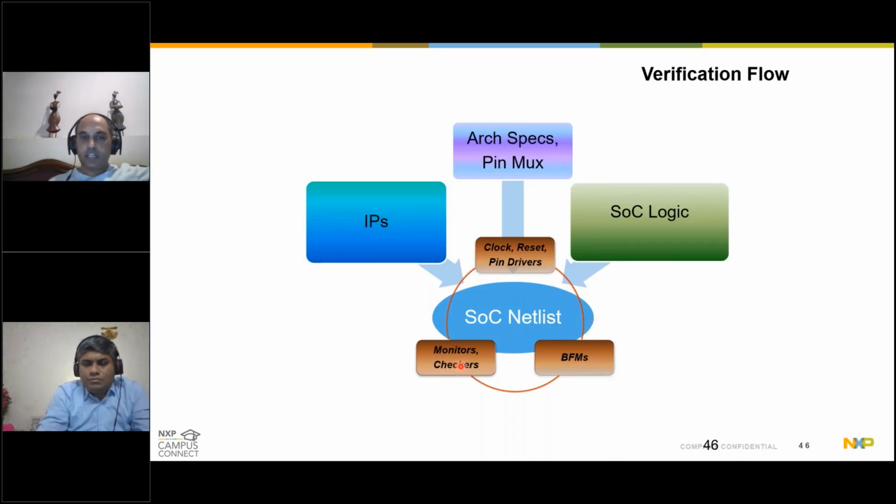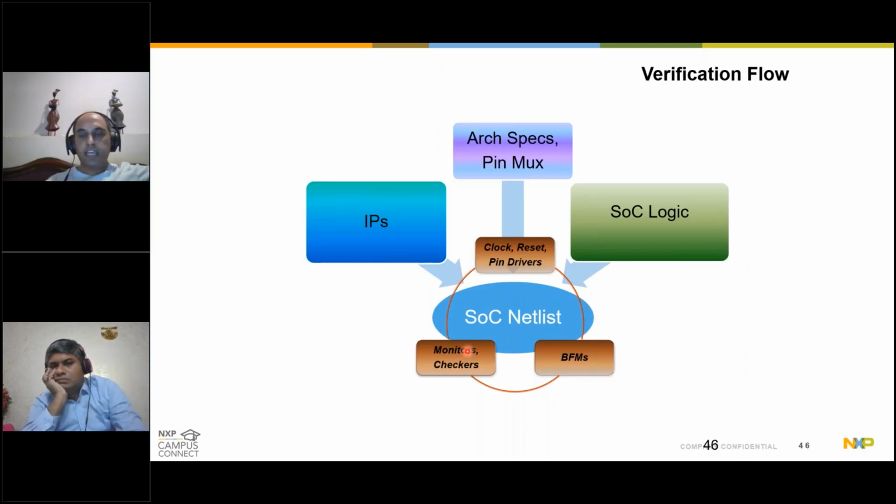And then the monitors and checkers. If you go back to the block diagram we were seeing earlier, there is a crossbar, and the crossbar is connected to multiple peripherals, masters, and slaves. Each of those interfaces is supposed to be compliant to the protocol based on which that crossbar is designed.